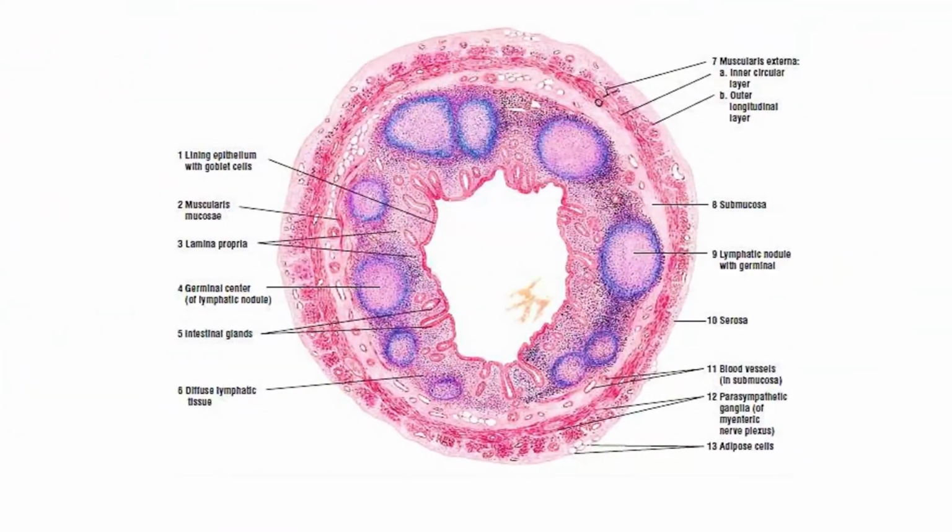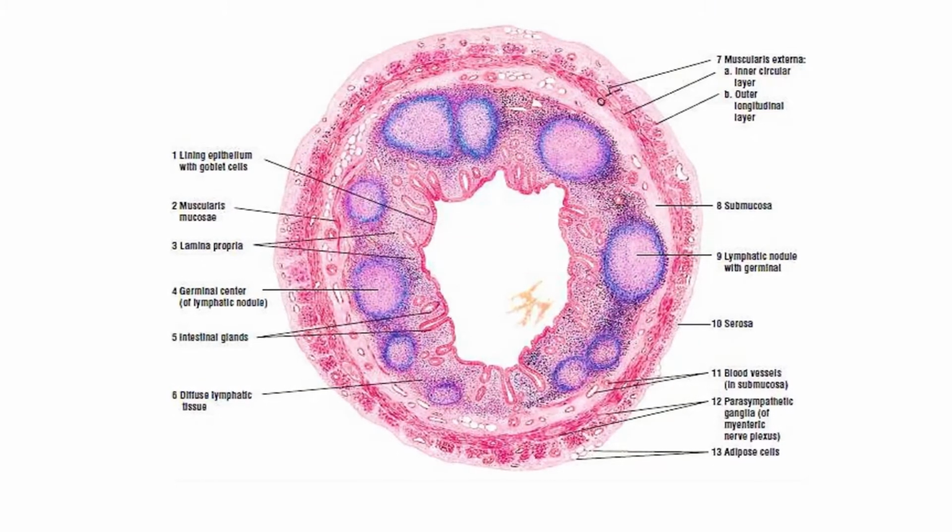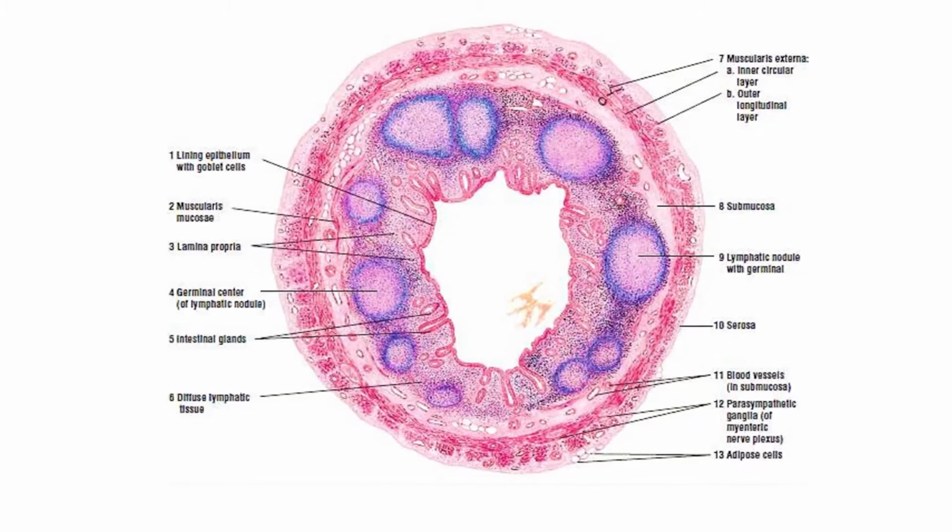The important part of the large intestine is the appendix. It is a secondary lymphoid organ, but it is related to the large intestine. So, I want to explain the histological structure of the appendix.